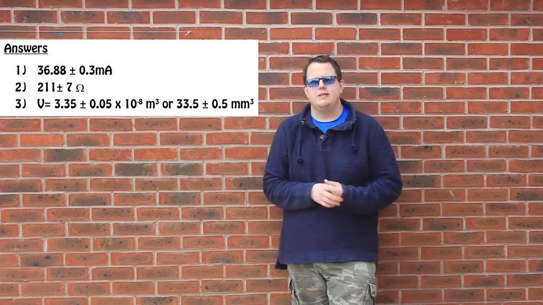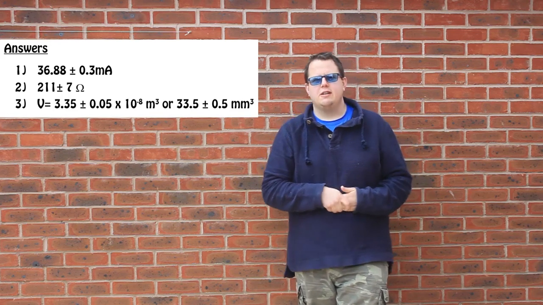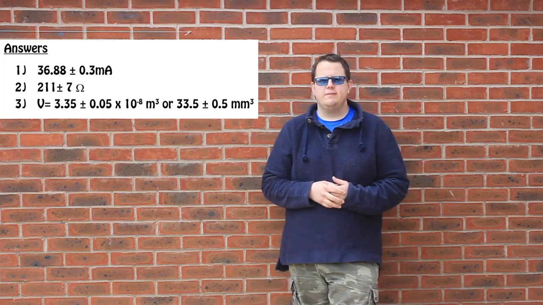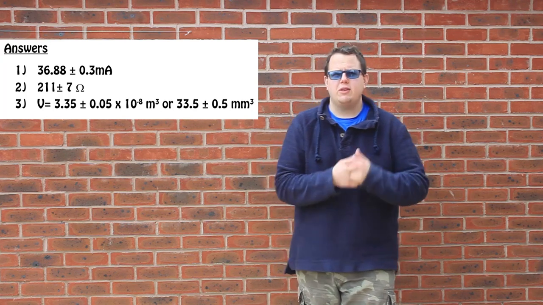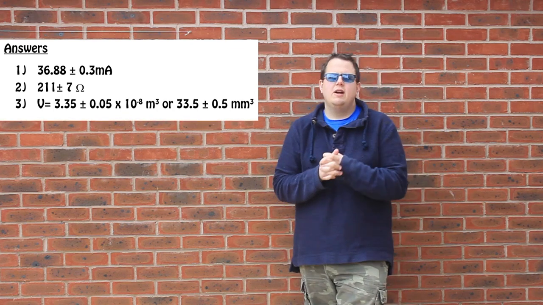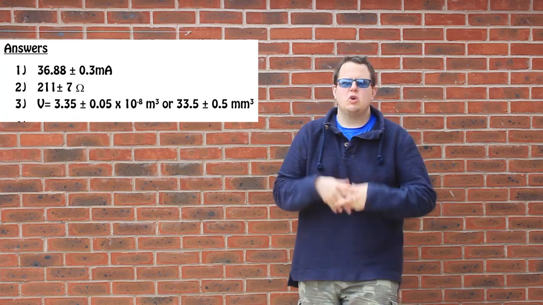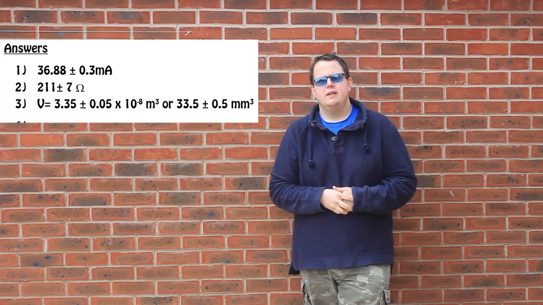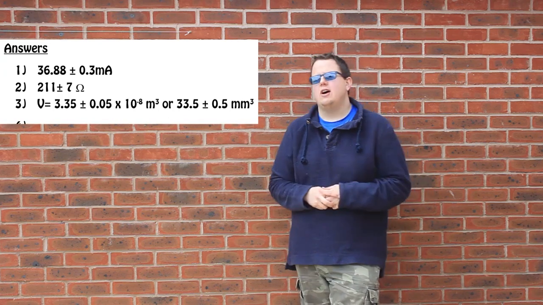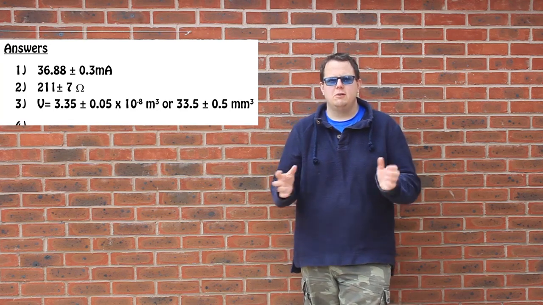Then what we do is we find our percentage uncertainty. So that's going to be 0.01 divided by 2 times 100. Then we multiply that by 3 because we've cubed the radius, and that gives us a value of 0.05. So our final answer here, when we put that back into meters cubed, it's all going to be in the same thing.